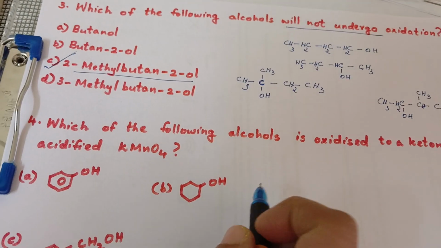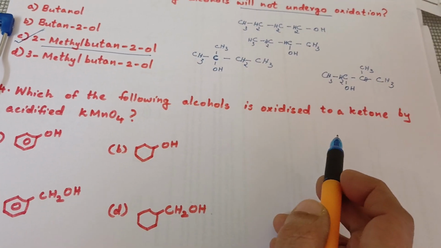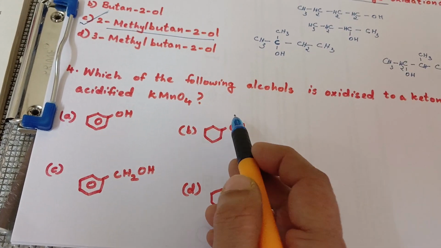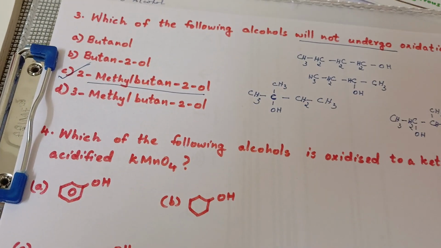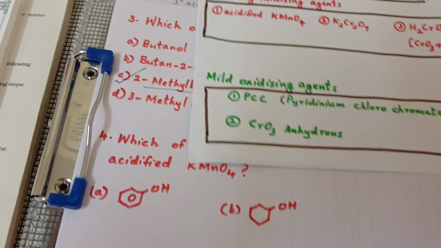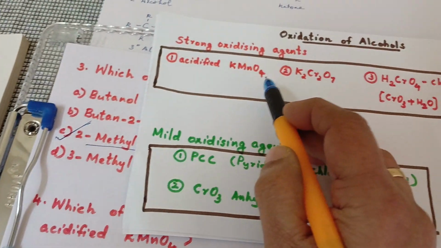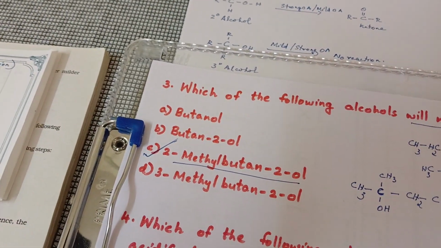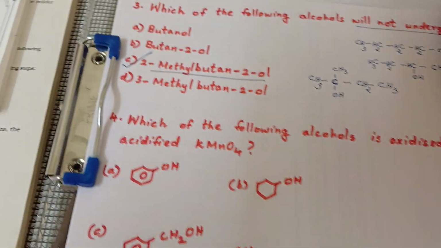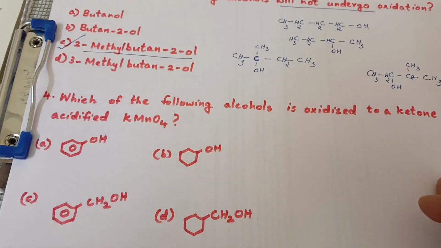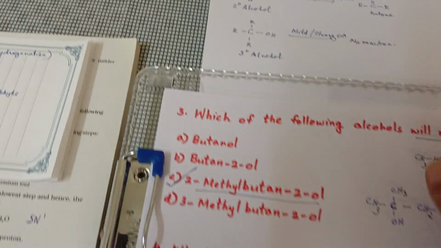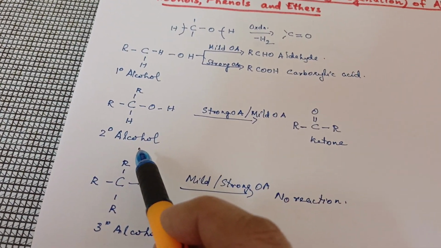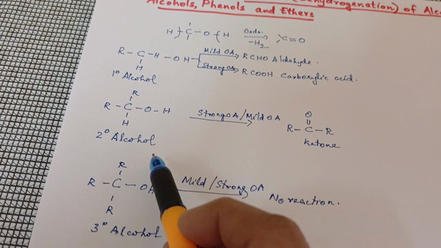Now in this case, which of the following alcohols is oxidized to a ketone by acidified KMnO4? Acidified KMnO4 is a strong oxidizing agent. Now we said that if we need to get a ketone, what is the criterion or condition? We will get a ketone if we are using a 2-degree alcohol.